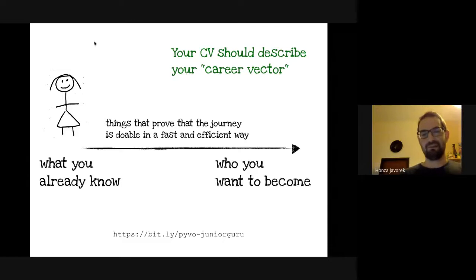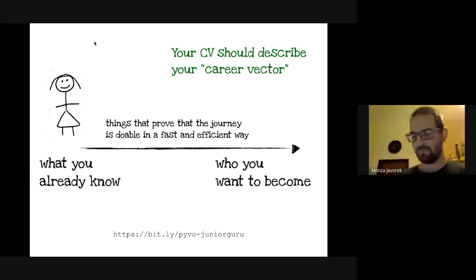Show ambition. Because then the company can assess whether your ambition aligns with how they want to develop you. And if that aligns, I think it's a big plus.